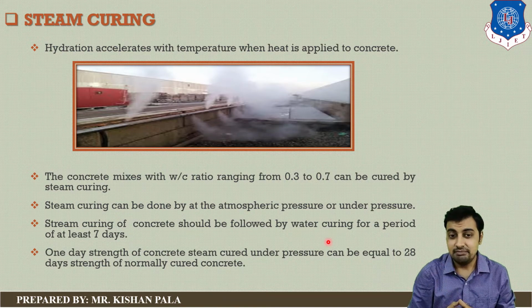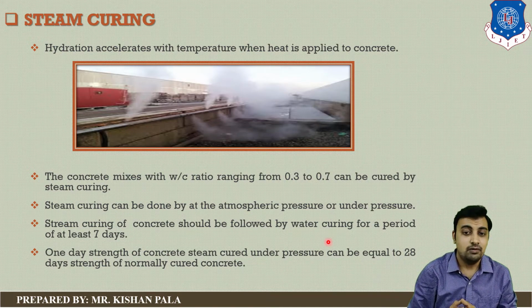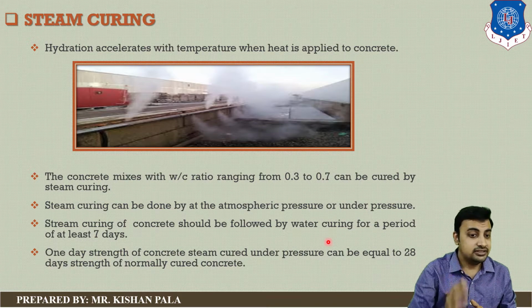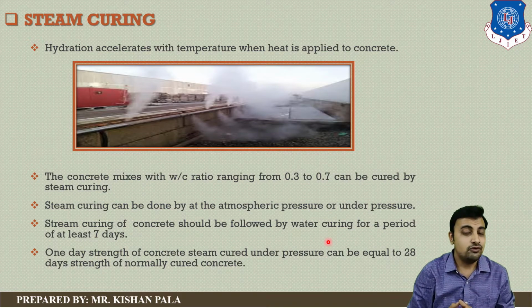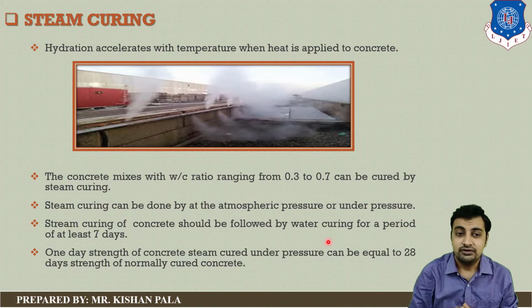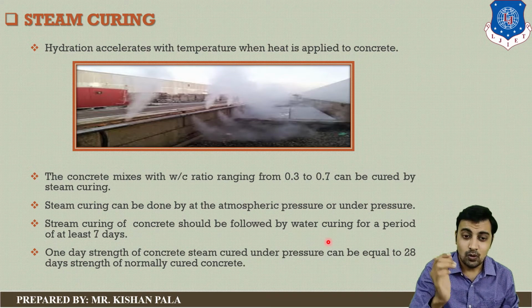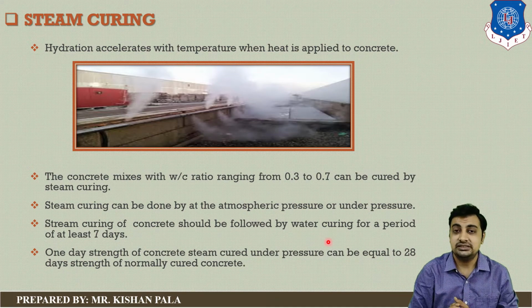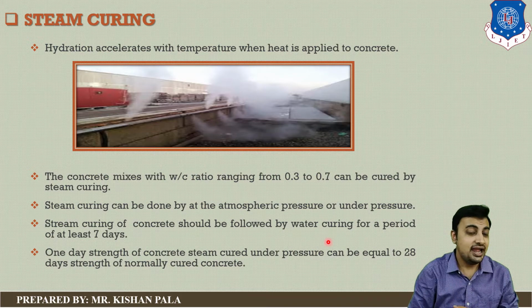Steam curing can be done at atmospheric pressure or under pressure. Steam curing of the concrete should be followed by water curing for a period of at least 7 days. And the 1 day strength of concrete steam cured under pressure can be equal to the 28 days strength of normally cured concrete.